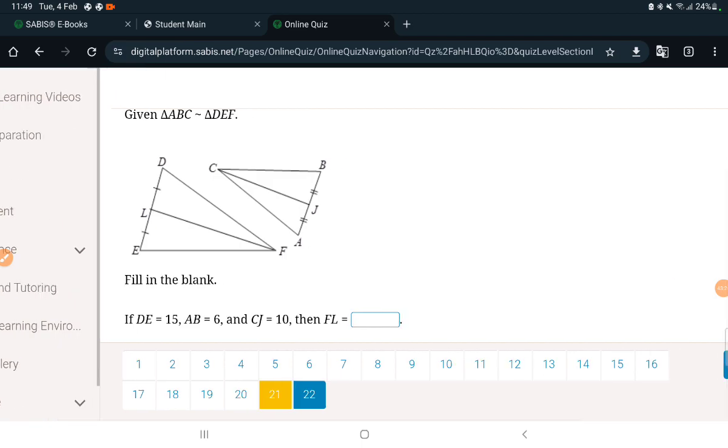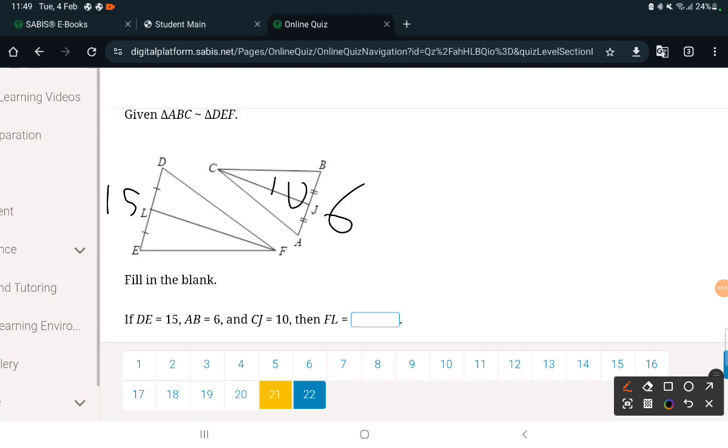Okay, DE is equal to 15. AB is equal to 6. CJ is equal to 10. And then FL. Okay, here it's obvious, CJ looks like a median.